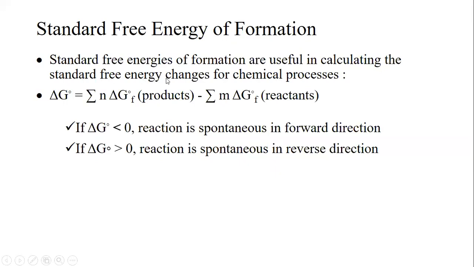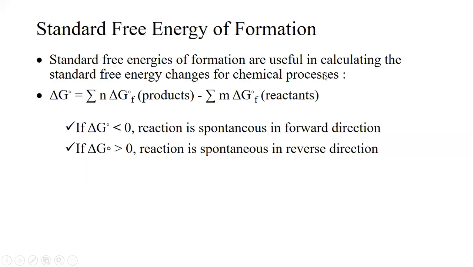Standard free energy changes of a process, which is a reaction, delta G of a reaction, but if you put a small f here, that is the formation. That's only for elements, compounds, and ions that enter into the reaction or are the products of the reaction.